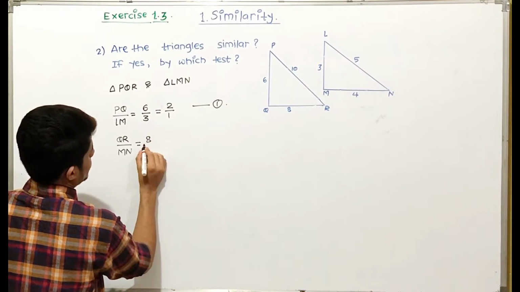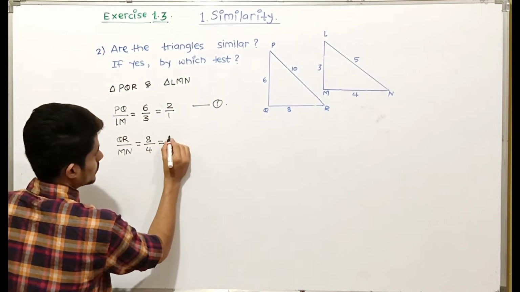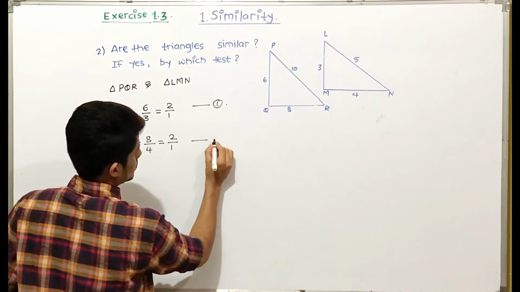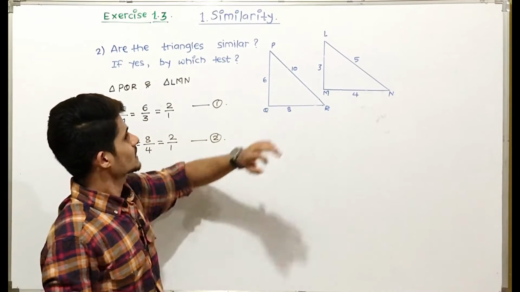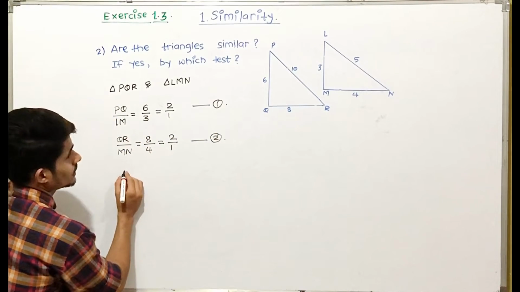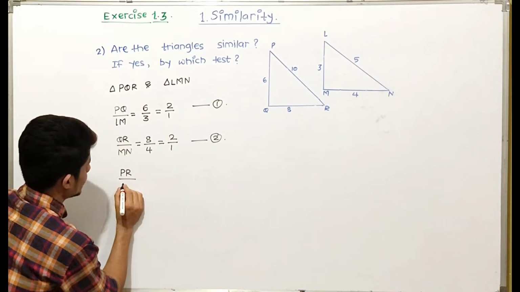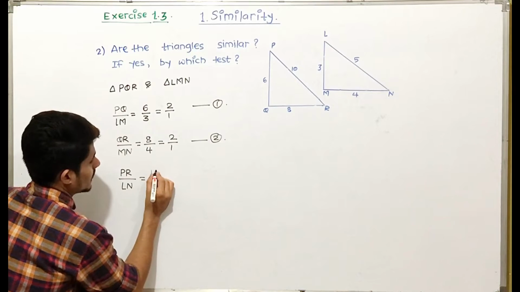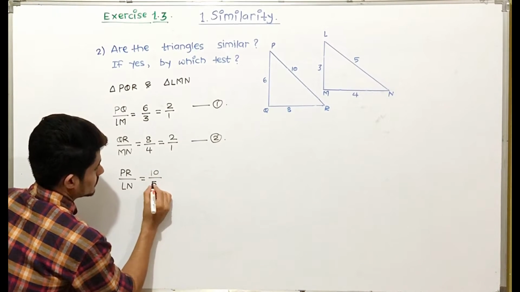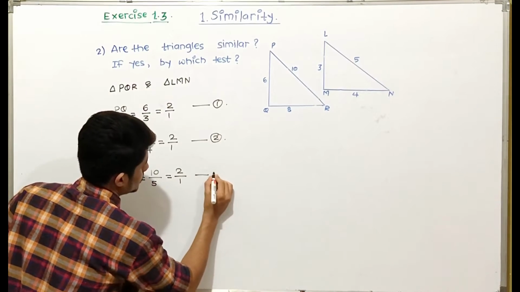QR is 8, MN is 4. If we divide it by 4, we get 2 by 1. This is the second one. Similarly, we will take the last side in proportion, that is PR upon LN. PR is 10, LN is 5. If we divide it by 5, we get 2 by 1.